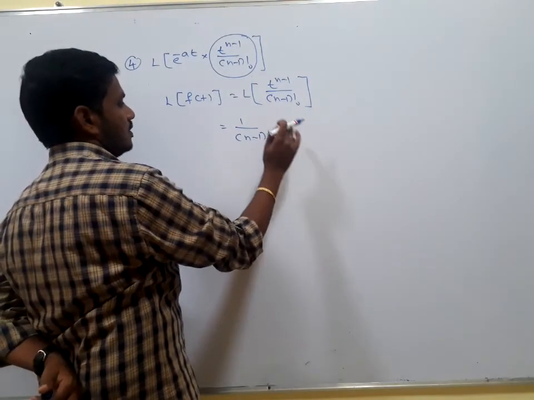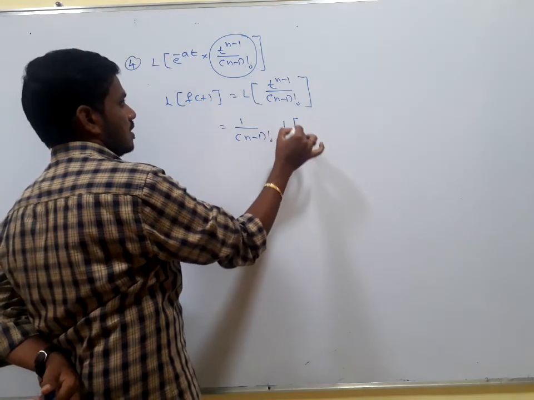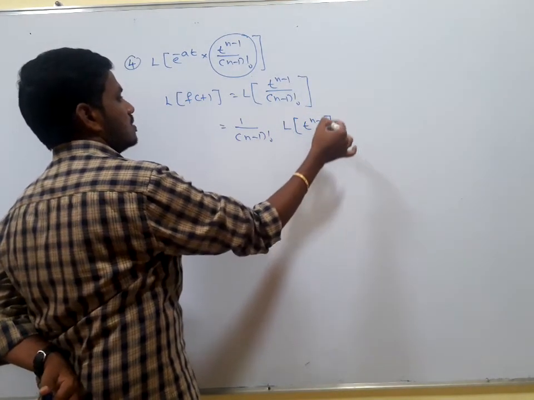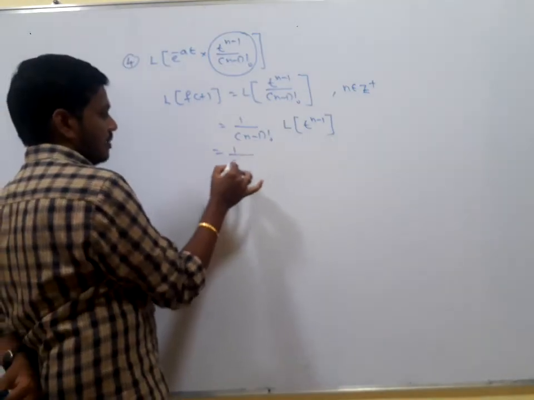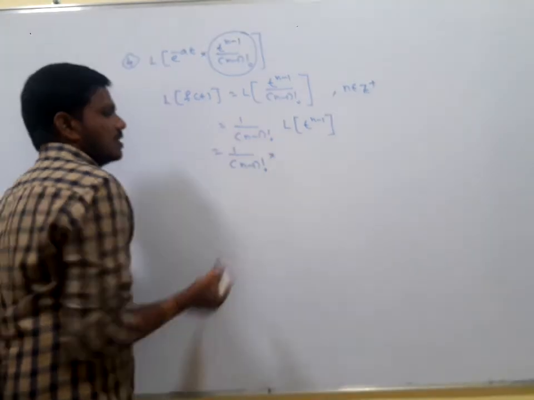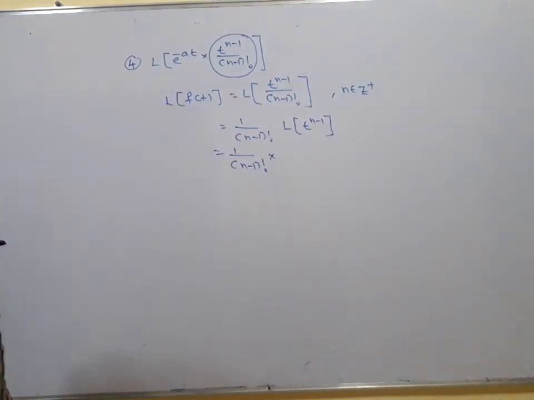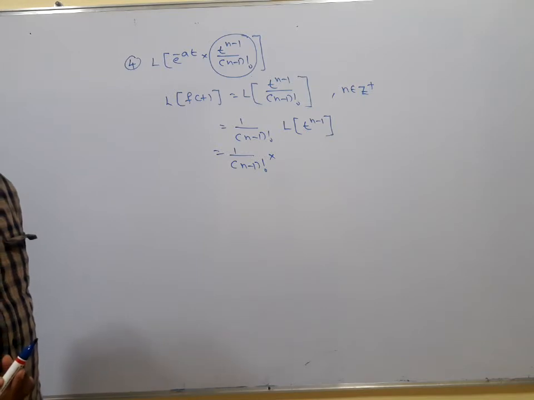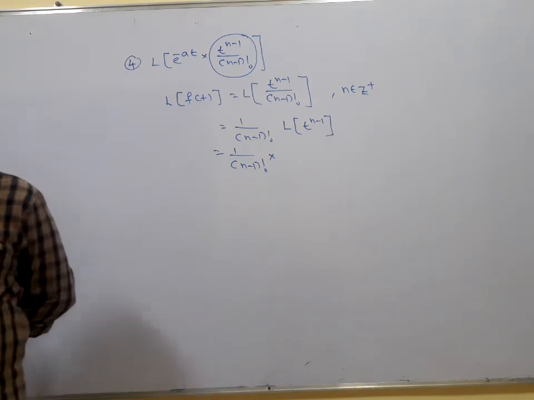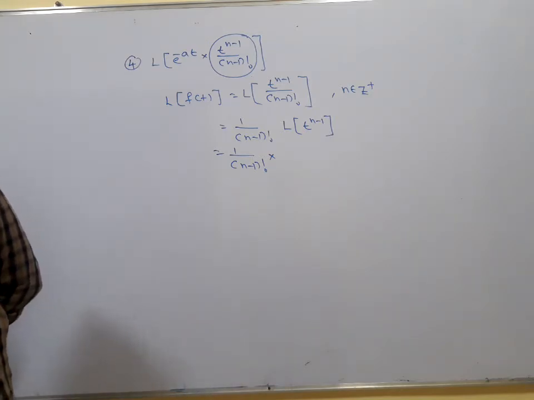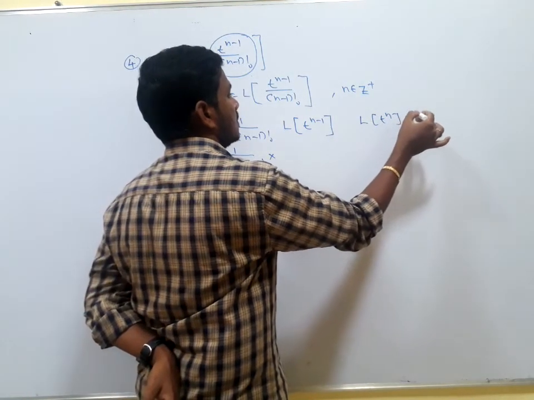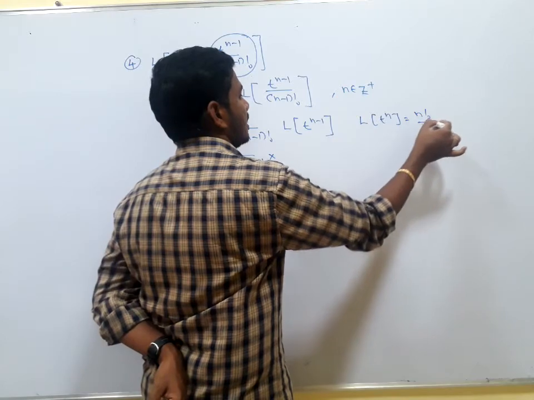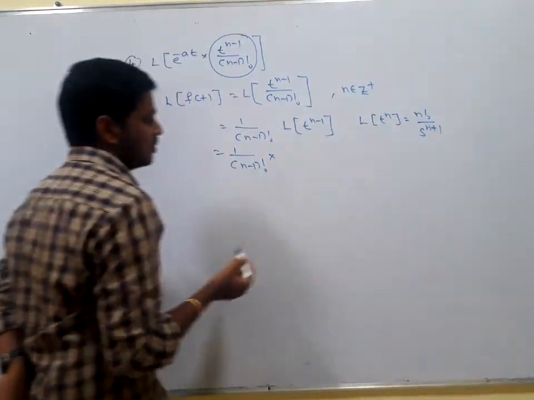The Laplace transform of t to the power of n minus 1, where n is an integer, n belongs to Z plus. So 1 by n minus 1 factorial into the Laplace transform of t to the power of n minus 1. The Laplace transform of t to the power of n is n factorial divided by s to the power of n plus 1, with n a positive integer.